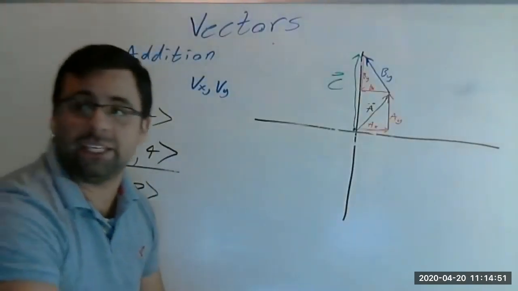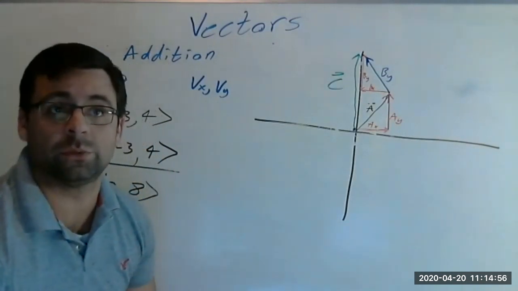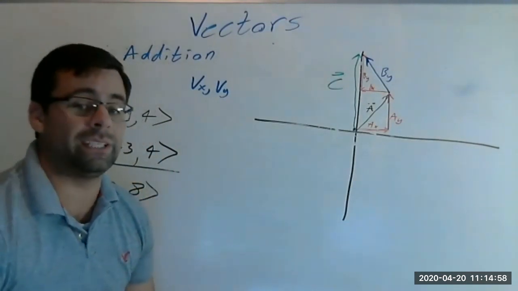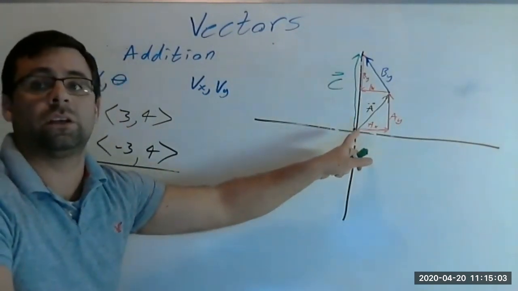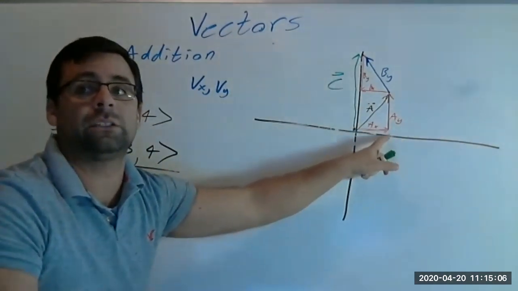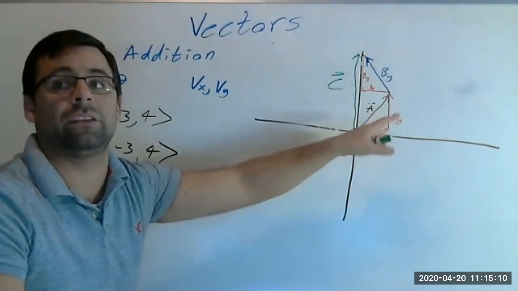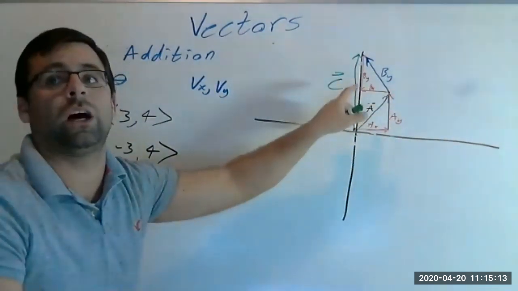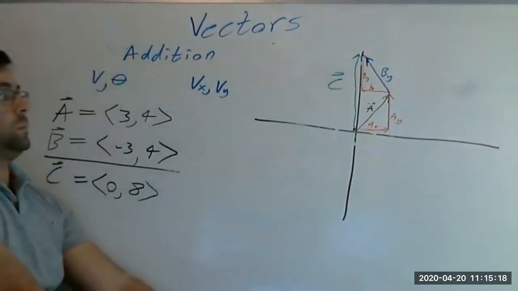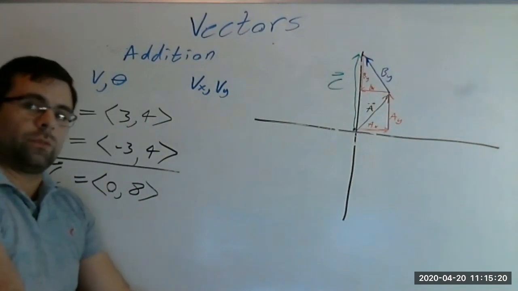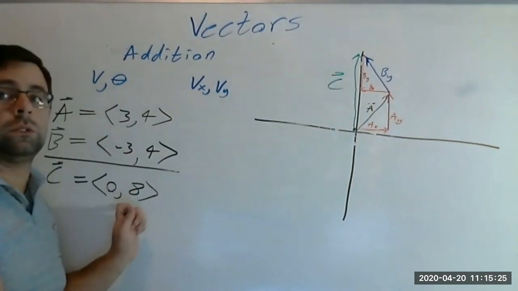And you can kind of see this is how we break it down. One way we break it down visually is all we're doing is adding up the components: 3 to the right and 3 to the left. Then if we add the two y's, it's 4 up and 4 up. So we get the same answer if we're doing it graphically by the tail to tip method or algebraically.